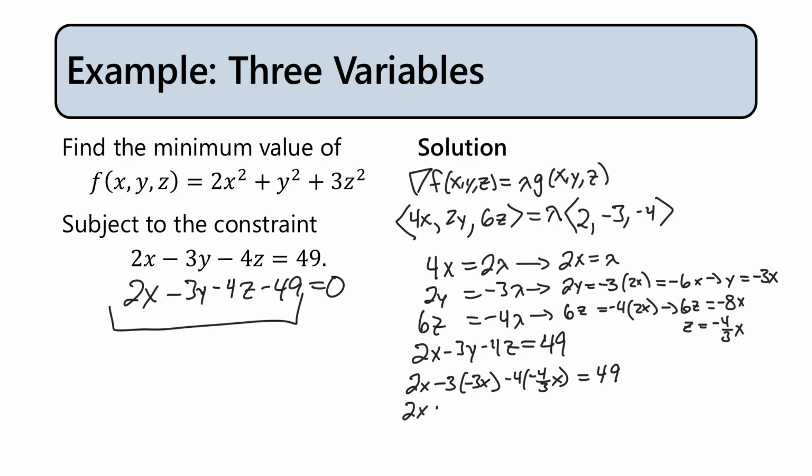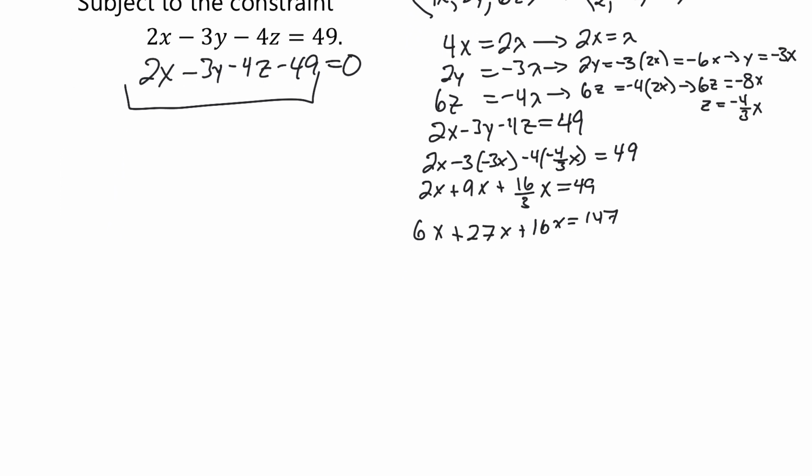So 2x plus 9x plus 16/3 x equals 49. So what I've done here is I've multiplied everything by 3 to get this equation, and this ends up becoming 49x equals 147, so x is equal to 3.